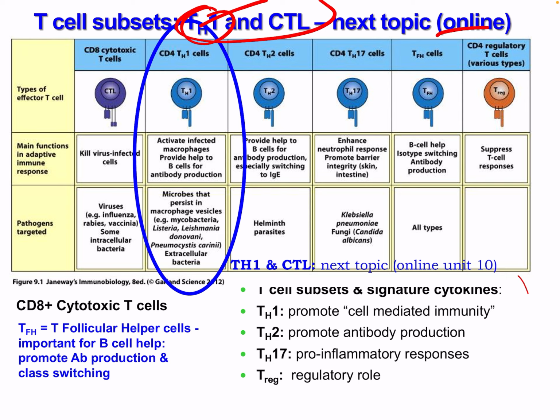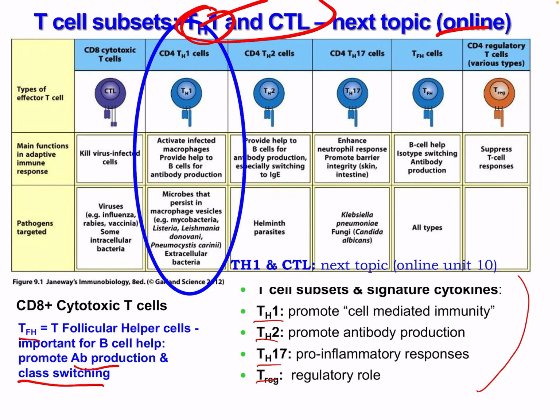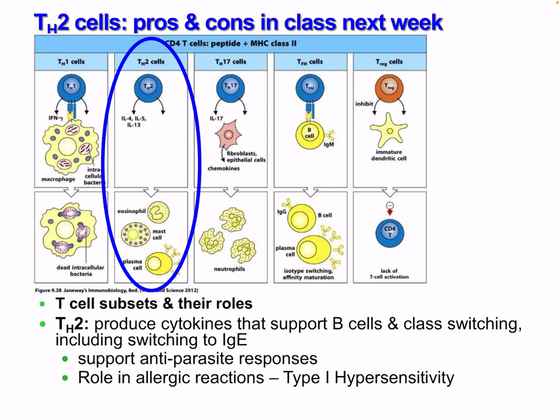So again, here's a subset reminder of the functions of each of the cells. And remember, we have our T follicular helper cells, which are important for B cell help and antibody production and class switching. So we'll take a look at some Th2 stuff in the next class. So that'll be 2 lectures from now. So again, we'll focus on Th1 individually and Th2 by itself.